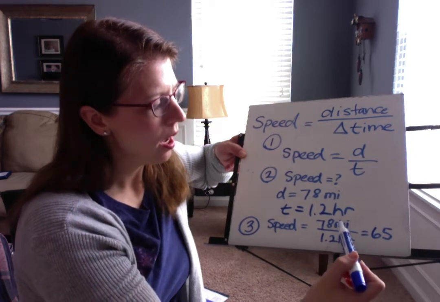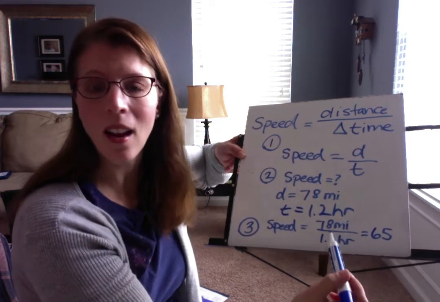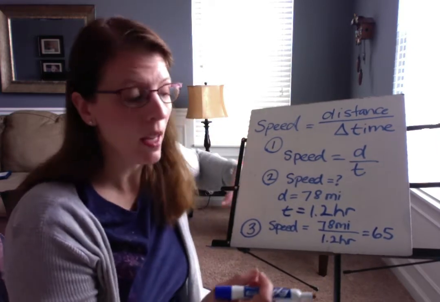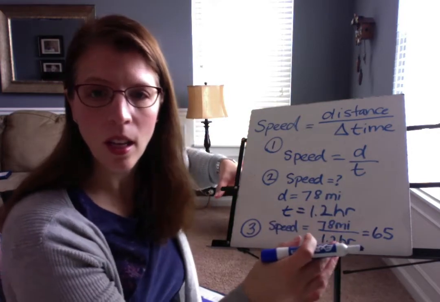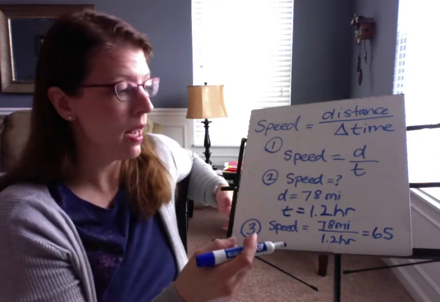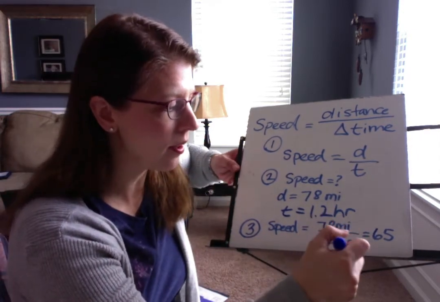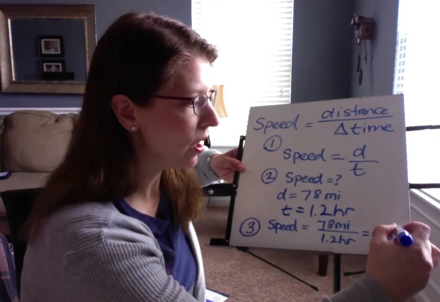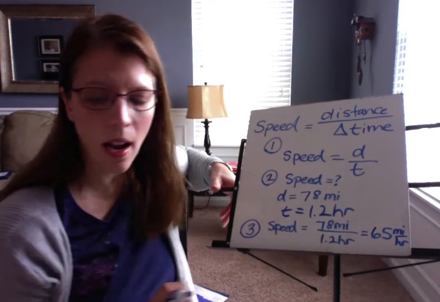So I had miles up here, I had hours here. There's nothing to cancel out. If you can't cancel units, you have to keep them, in the mathematical structure that they're in. You can't change this into miles times hours or miles minus hours. You have to keep whatever the math was of those units. So it's division here, isn't it? So it's going to be miles over hours, which is miles per hour.